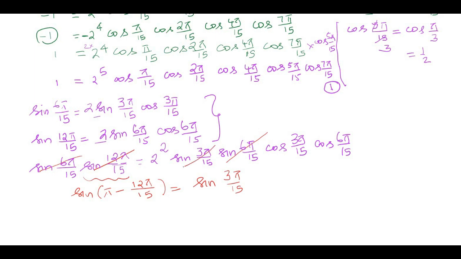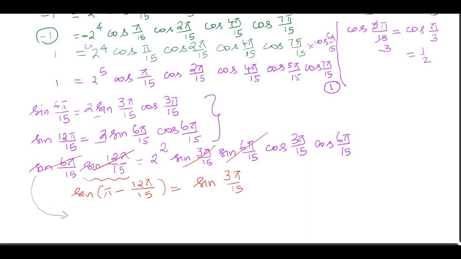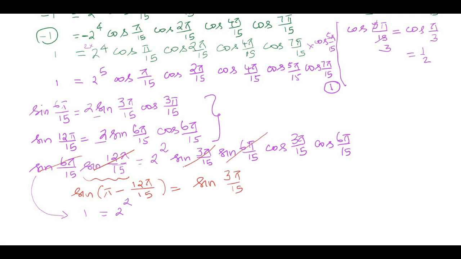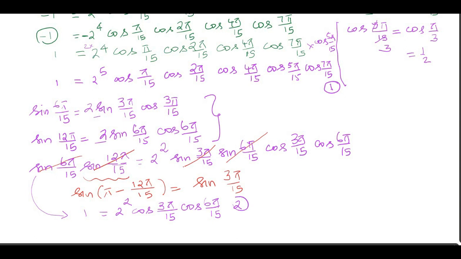So, what do you have now? From this, 1 is equal to 2 square cos 3 pi by 15 cos 6 pi by 15. Call this equation 2. Okay.